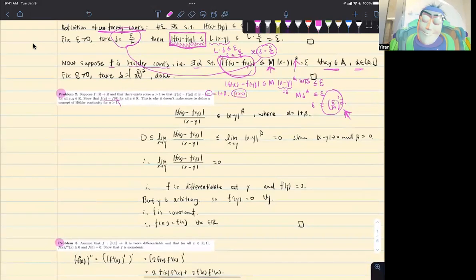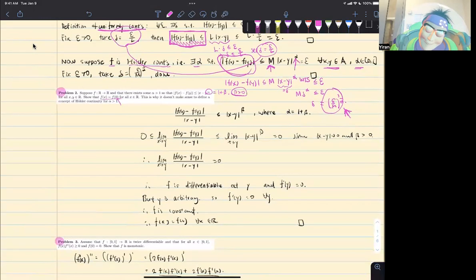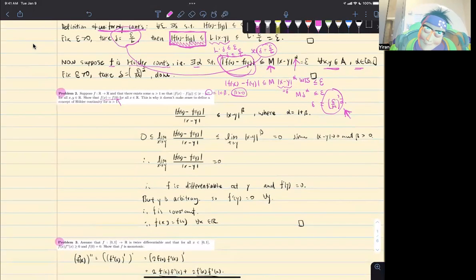And this actually turns out to be a very important piece of information. If we rewrite it like this, then the right hand side is equal to the absolute value of x minus y times the absolute value of x minus y to the power beta.